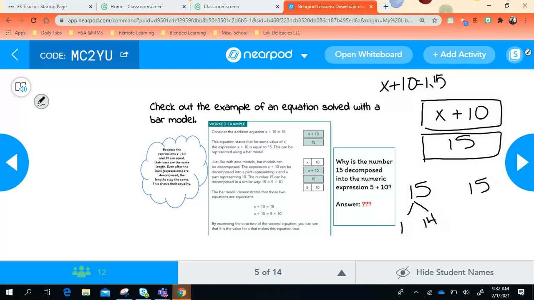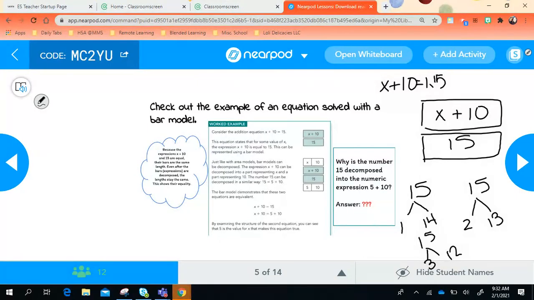I could also do 2 and 13. I can also do 3 and 12. So that's just me breaking up that number into different numbers that add up to the same thing, okay?